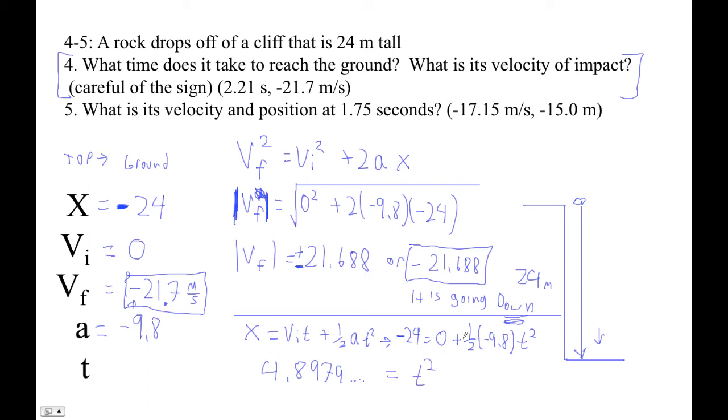So my first step was negative 24, multiplied by 2, divided by negative 9.8, and now I've got what t squared is. And now to get t, I'm going to take the square root of that. So I go second square root, second answer, enter. And I get 2.213. Okay, so that's our time.